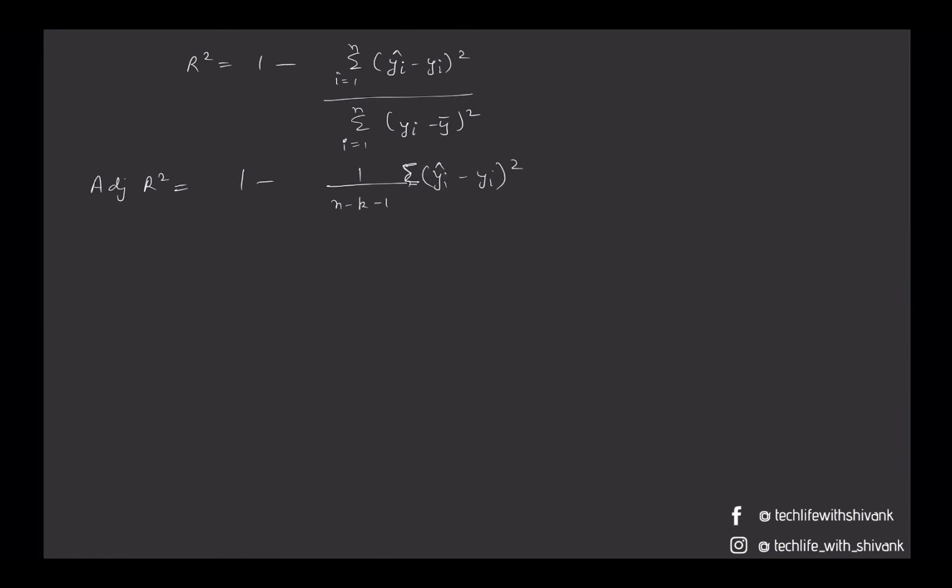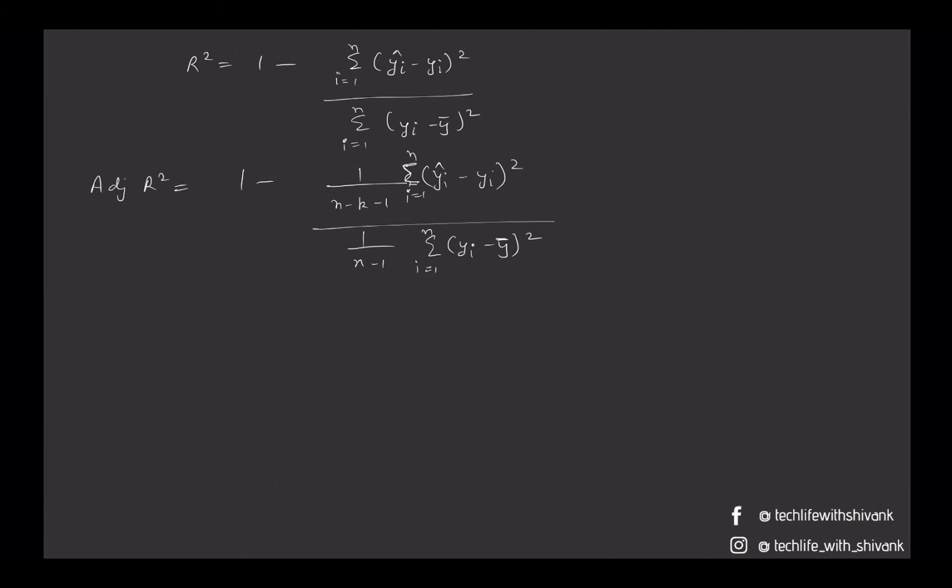So now our original R squared was 1 minus sigma yi cap minus yi whole square, i equal to 1 to n, upon sigma yi minus y bar whole square, i equal to 1 to n. Adjusted R squared is 1 minus, we adjust for the degrees of freedom, sigma yi cap minus yi whole square, i equal to 1 to n, divided by n minus k minus 1, upon 1 upon n minus 1 sigma yi minus y bar whole square, i equal to 1 to n.